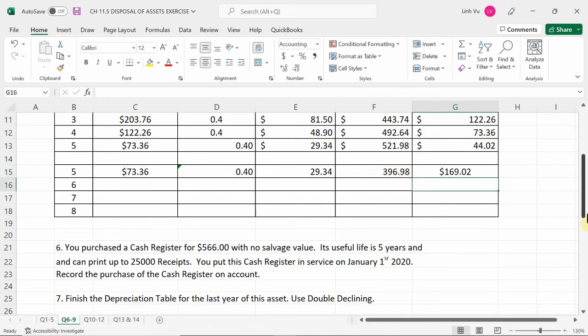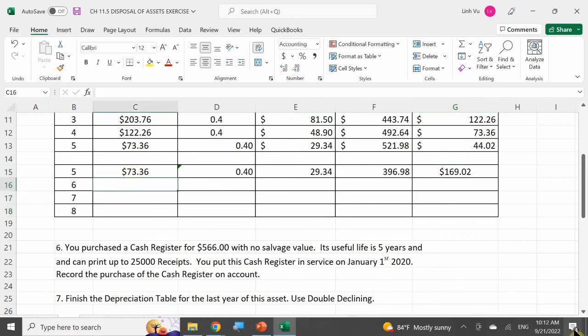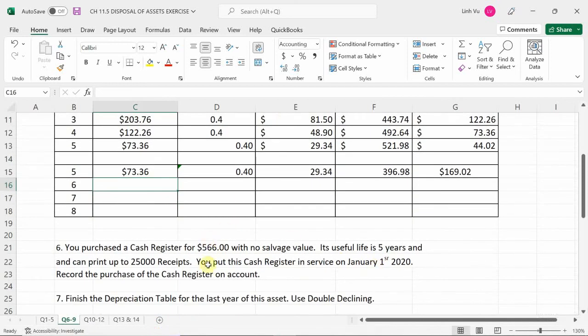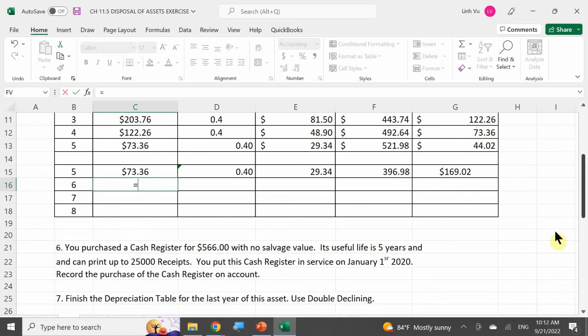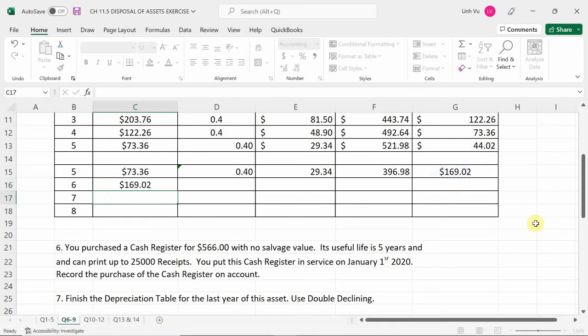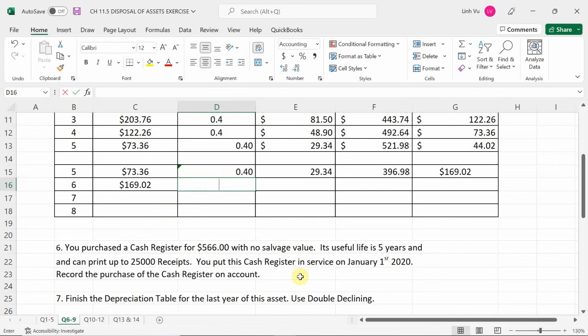So therefore, what is your book value going to be? $169.02. Good. So then now it asks me to depreciate the rest of the table for 3 years. In this case, I'm still doing double declining. So how am I going to figure this number out? What's my depreciation basis? It's going to be 169.02. Good. My rate? It's still going to be 40%.